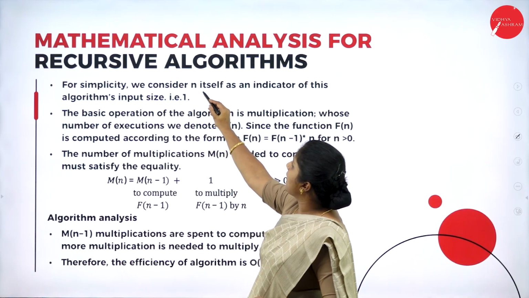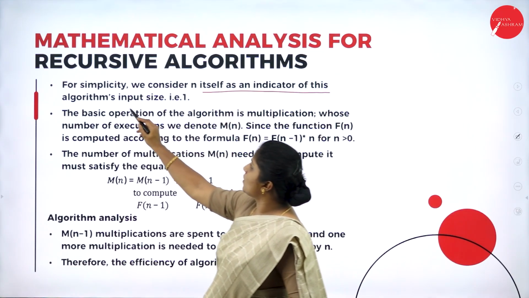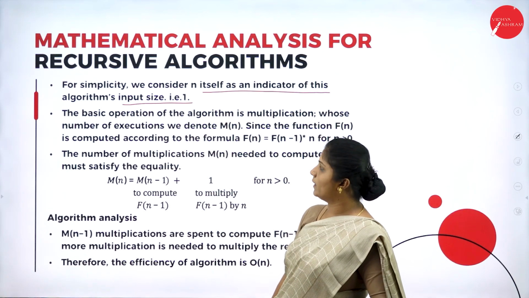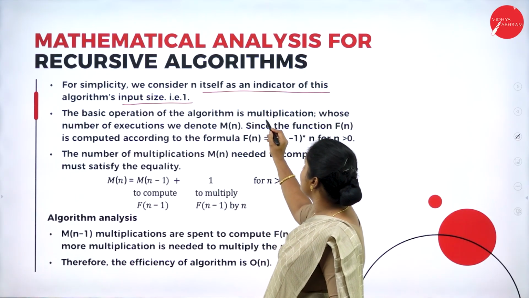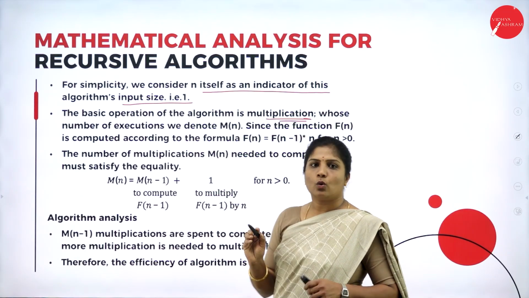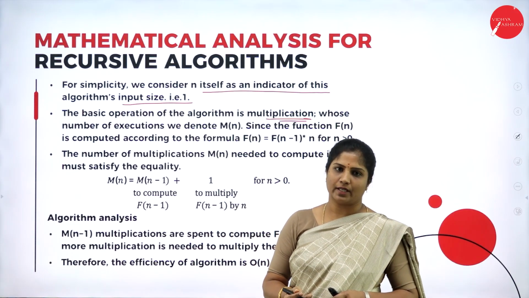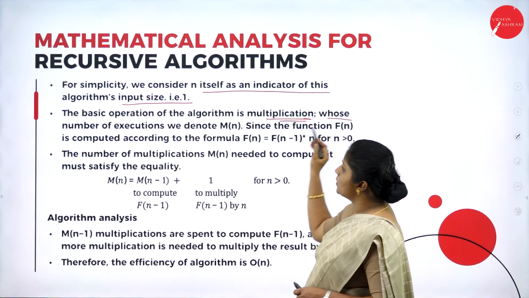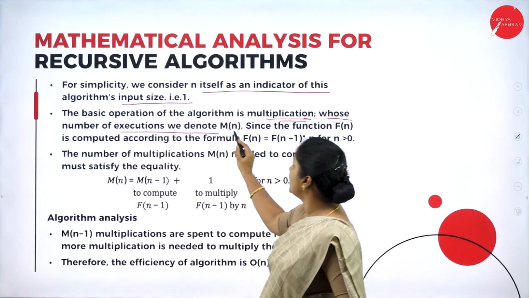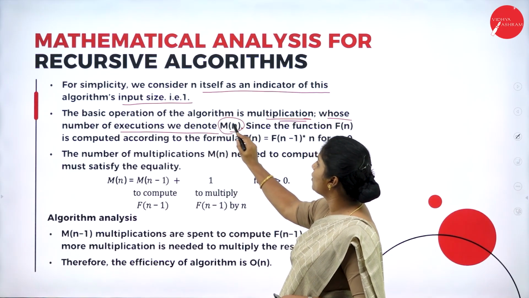Here we consider n itself as the indicator of the input size for this algorithm. The basic operation for the algorithm is multiplication. Only one mathematical operation is used to find the factorial of a given number. Its number of executions we denote M of n.